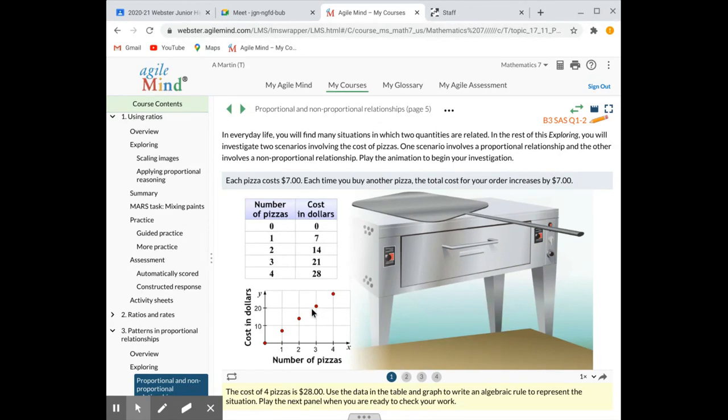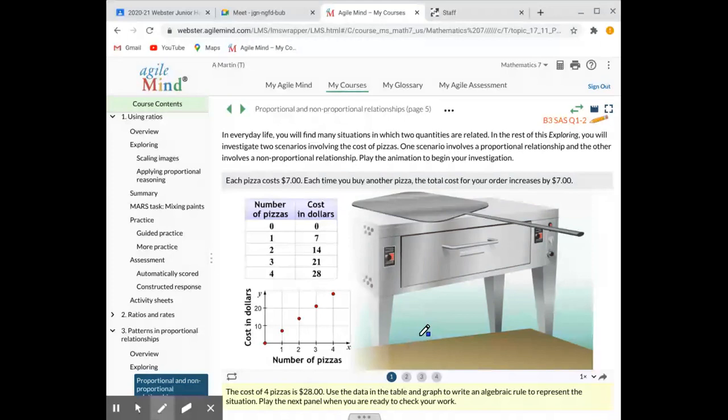So how can I write an algebraic rule or equation to show this information? What could I come up with? Think about what we did in yesterday's class.